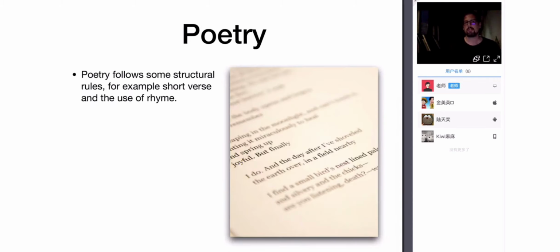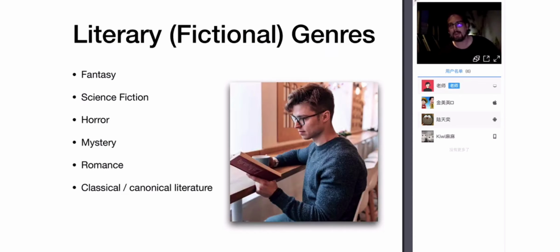Poetry, following the structural rules of verse and meter or rhyme, short, structured, usually following a pattern, sometimes not. But anyway, I'm not going to talk about poetry tonight. And there was drama. Drama is the third one. Now these are the genres: fantasy, science fiction, horror, mystery, romance, and classical or canonical literature.